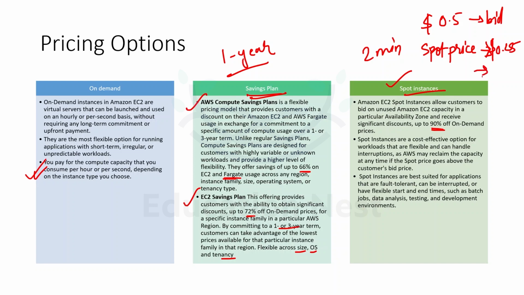But the next hour, because the demand for on-demand instances is increasing, the unused EC2 capacity is reducing in the backend, so the spot price will increase. If the spot price goes to $0.75 per hour and your bid price is $0.5 per hour, then you will not get those spot instances. They would be taken away from you by giving a 2-minute notice or warning.